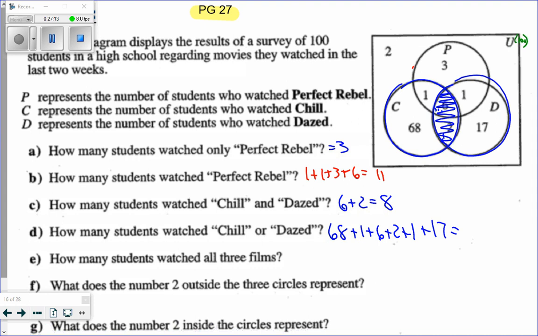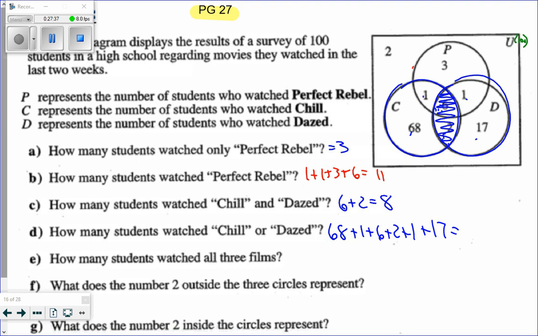What I mean is that some kids in last semester were going 68 plus 1 plus 6 plus 2 plus 17 plus 1 plus 6 plus 2, right? They were doing both. And it's like, no, once you've added the 6 and the 2, you don't add it again, okay? And the reason they're doing that is I didn't tell them not to, right? They heard my word saying add the numbers in each circle, so I just didn't clarify that with them.